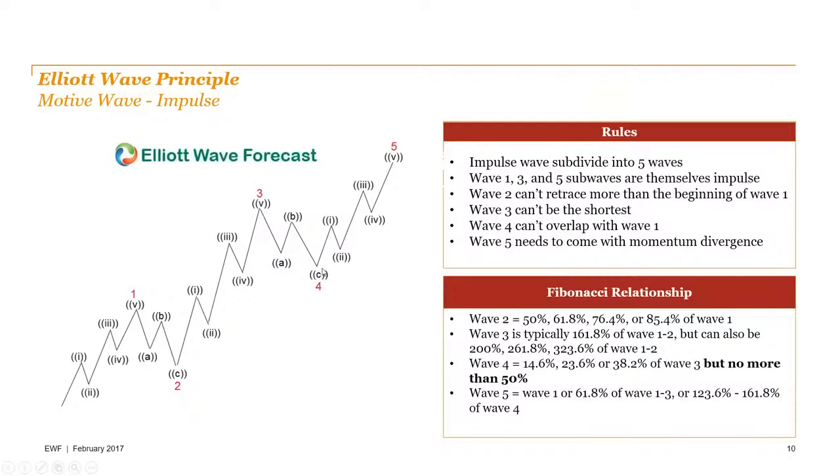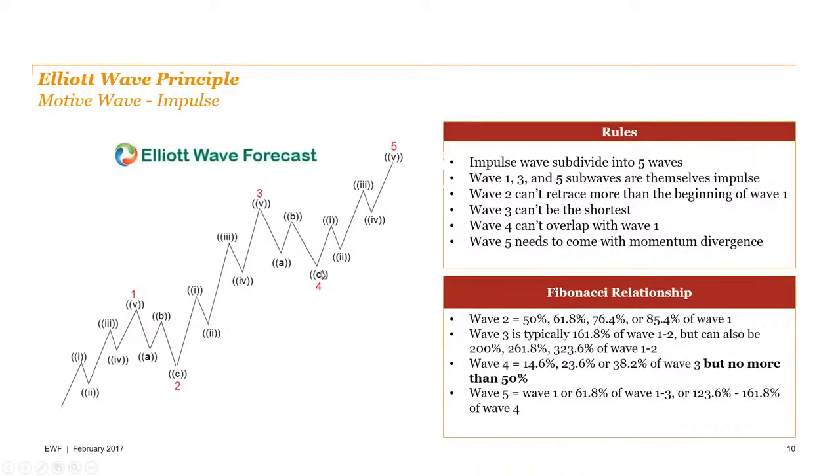Wave 4 typically is between 23.6% and 38.2% of wave 3. So the retracement here typically is, I would say 80% of the time, between 23.6 and 38.2%. Okay, but no more than 50%. So this is an additional rule that we add in at elliottwave-forecast.com, right?